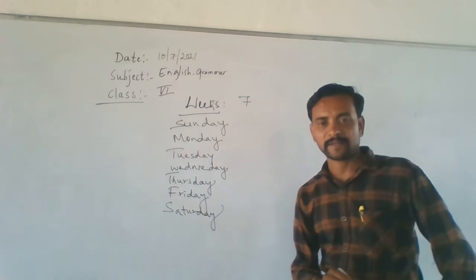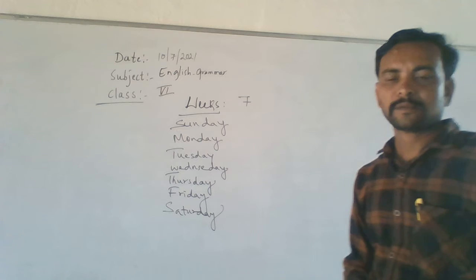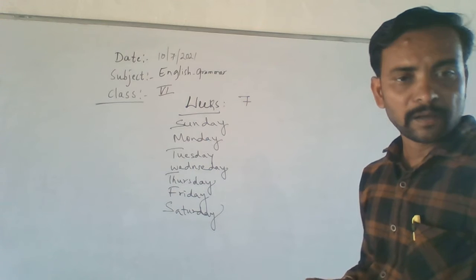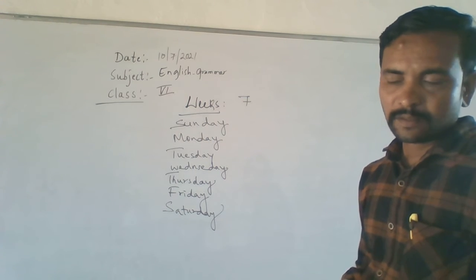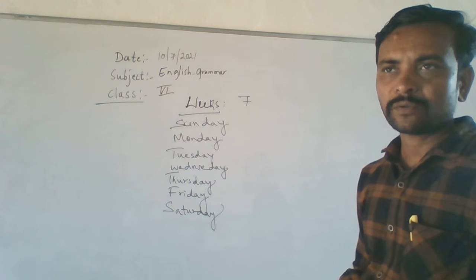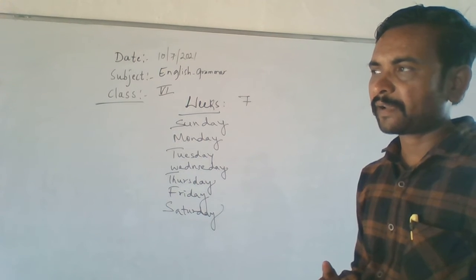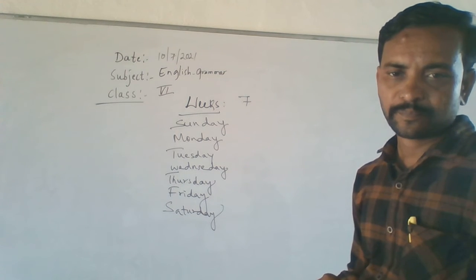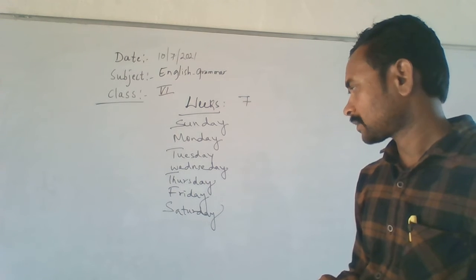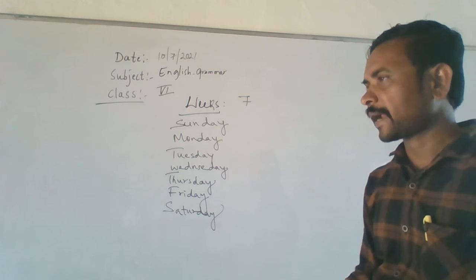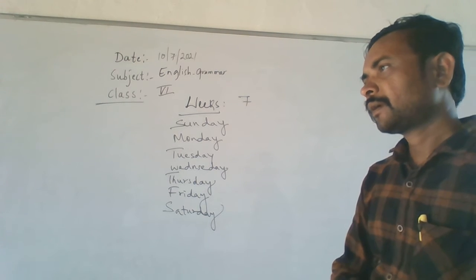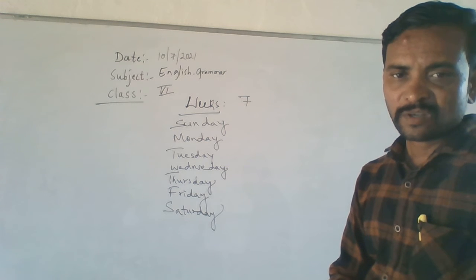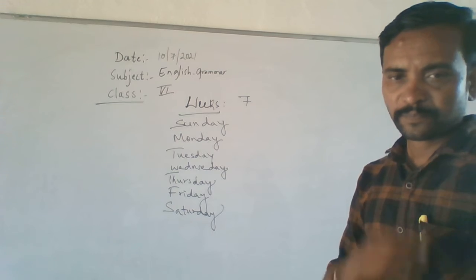These are 7 days. You have to practice the spelling of all 7 days. If we ask you the spelling of Sunday or Saturday, you should be ready to tell it. So total 7 days.